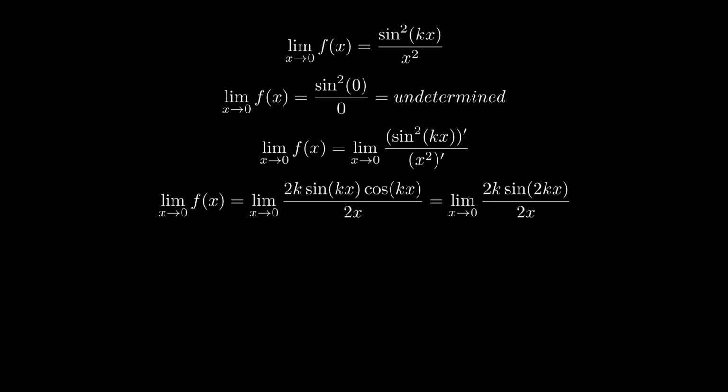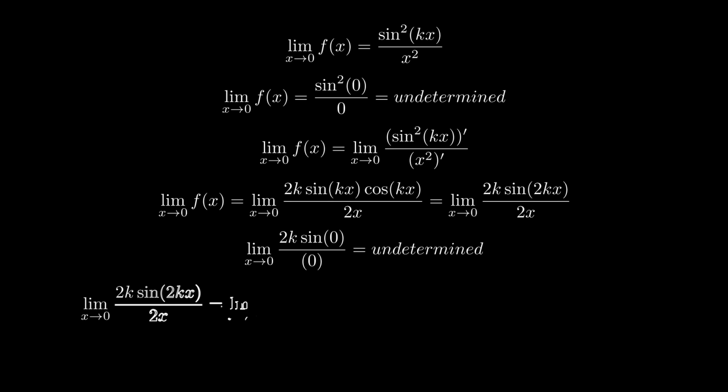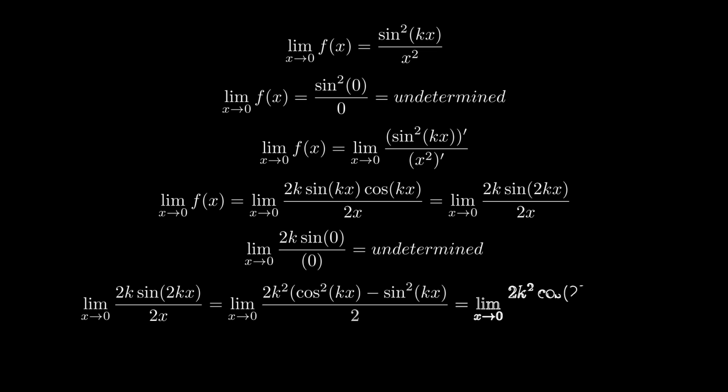This uses a rule from trigonometry that's in your formula booklet. If we reapply the limit to this, you can see that once again it goes to undetermined. So we therefore need to just repeat L'Hopital's rule until we get an answer. Taking the derivatives again, I'm using the product rule.